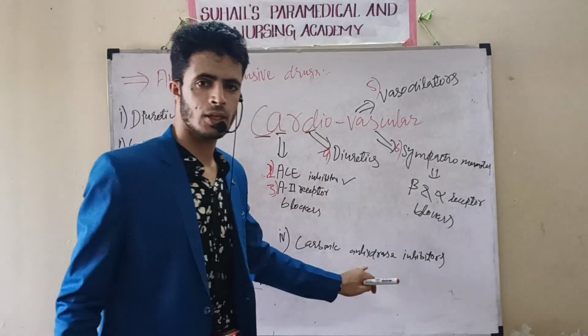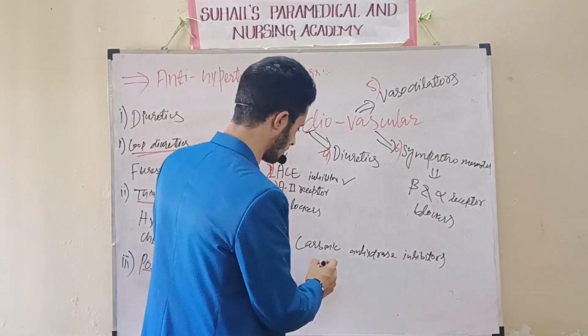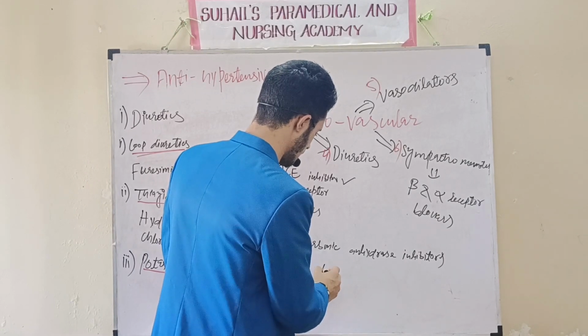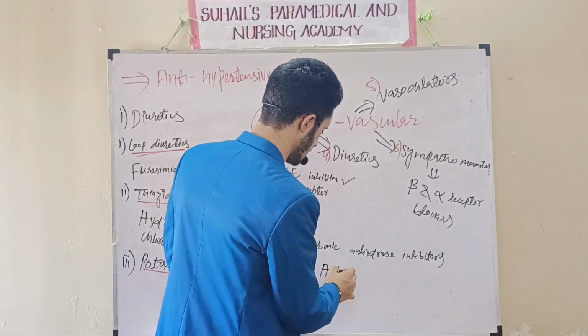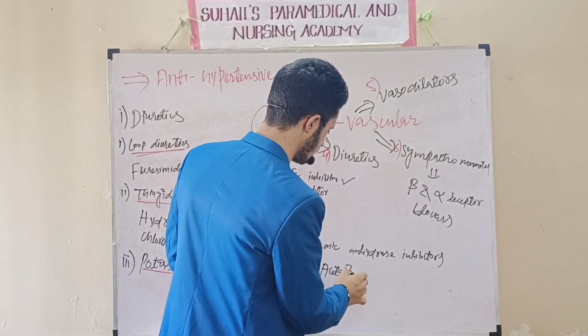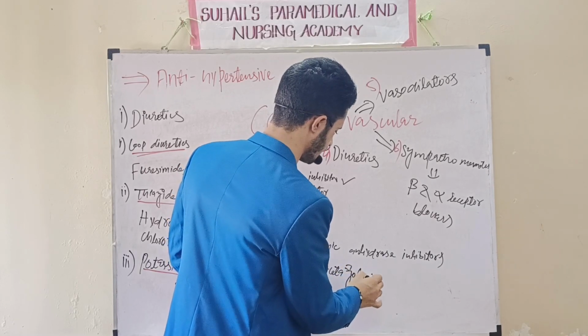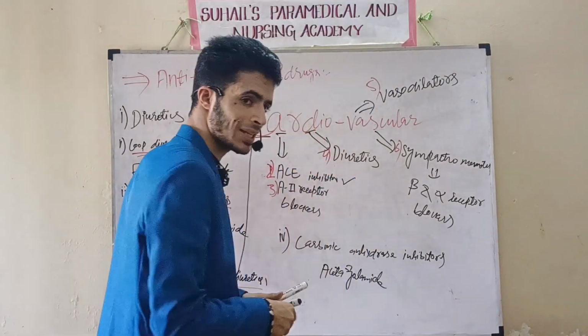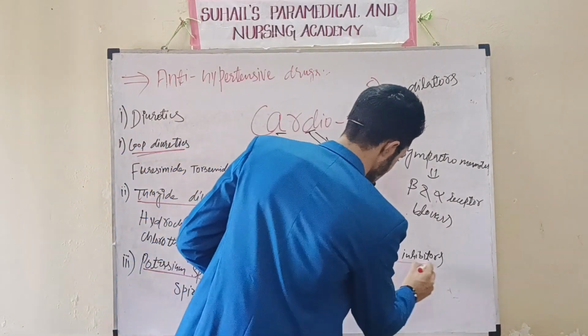In the carbonic anhydrase inhibitors, what will be the example that you will remember? That is acetazolamide. Acetazolamide is the example in case of carbonic anhydrase inhibitors.